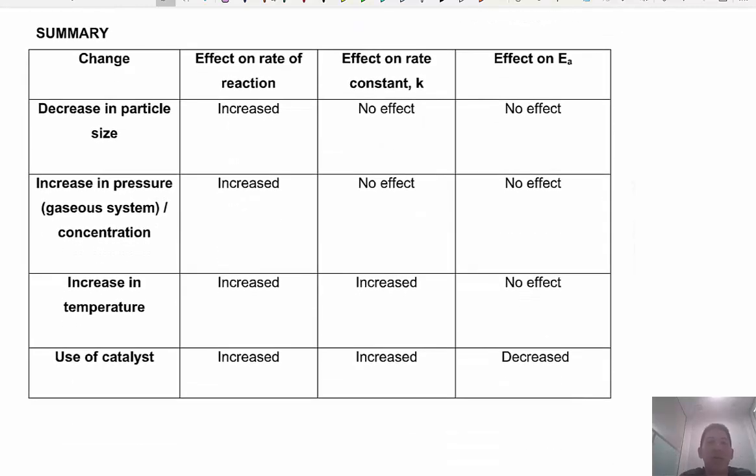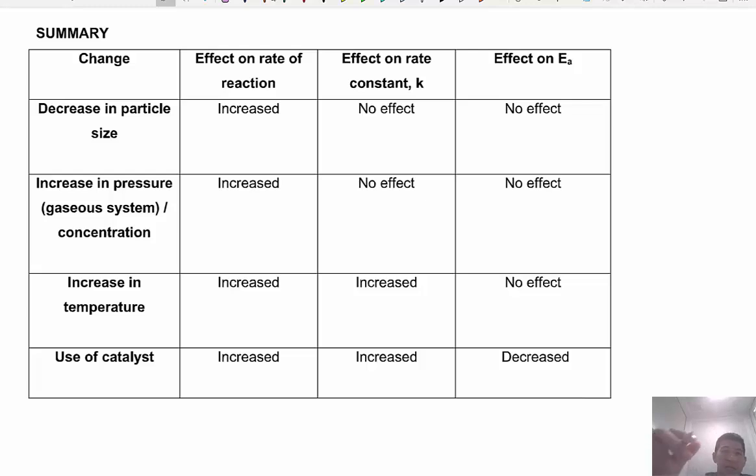Here is a summary table of the various tricks that we can do to try to increase the rate of a reaction. But note that although we increase the rate of the reaction, how they affect the rate constant and how they affect the activation energy is all a bit different. Please take a look at the summary.